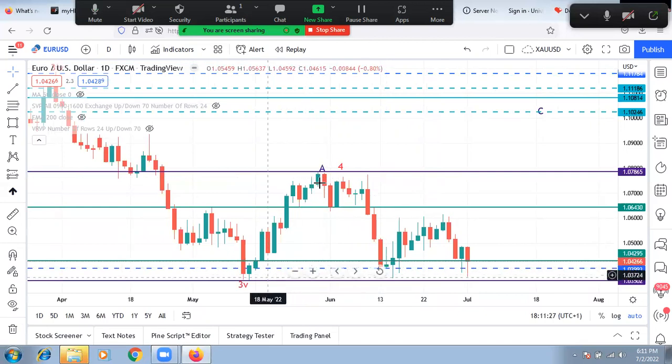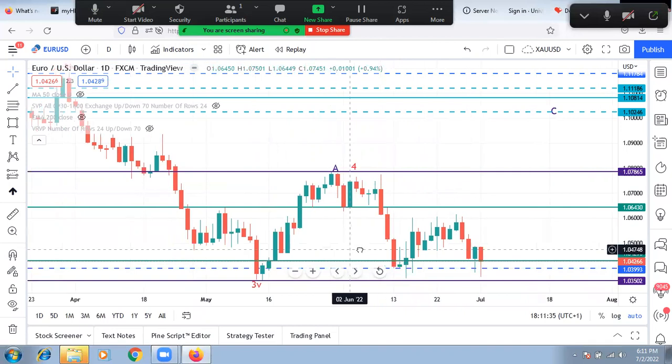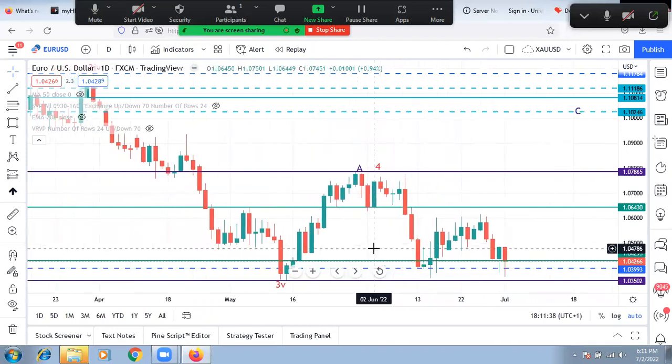for us to have A here, we said if it's going to be an X, in the WXY, your X can only be an 85 retracement. I've said it in one video.